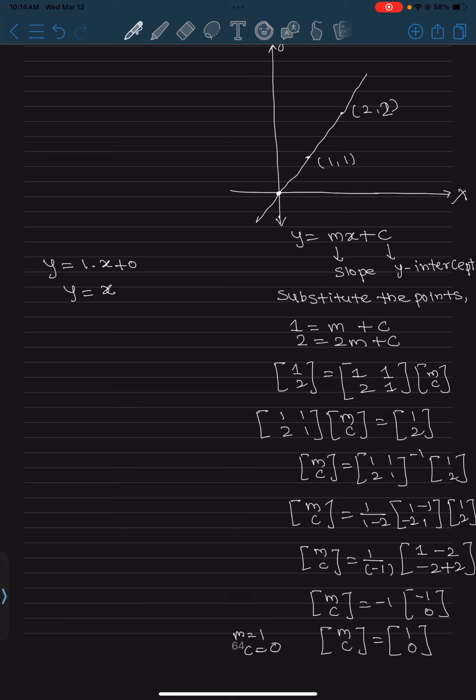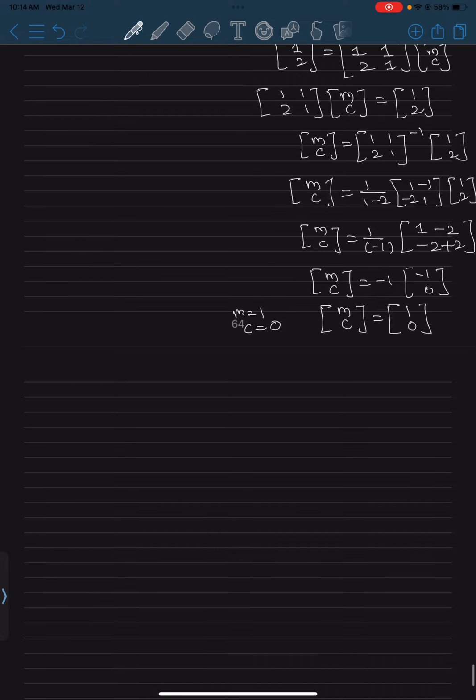Now my friend was trying to find some problems that I couldn't solve, and he gave me this problem, which was insane. He asked me to find the equation of a line passing through these 3 points.